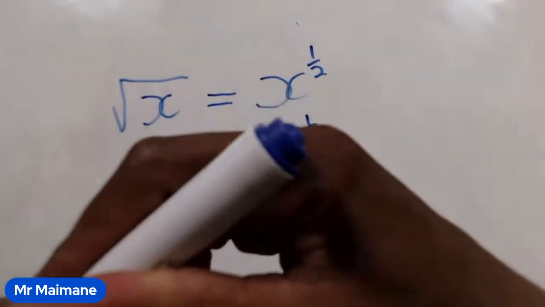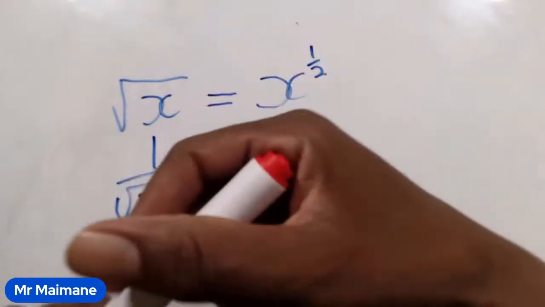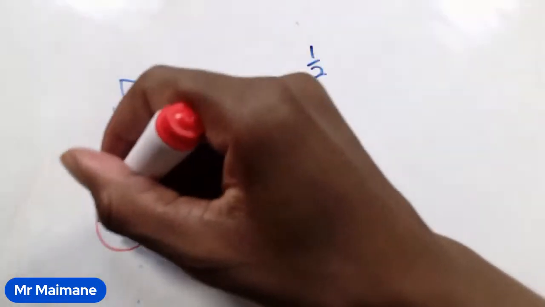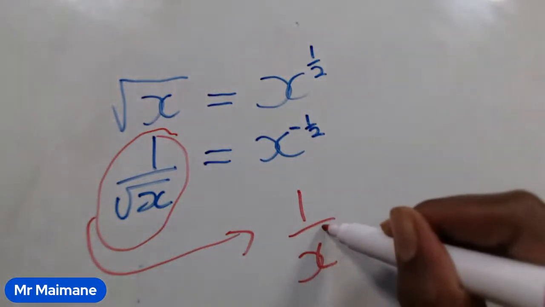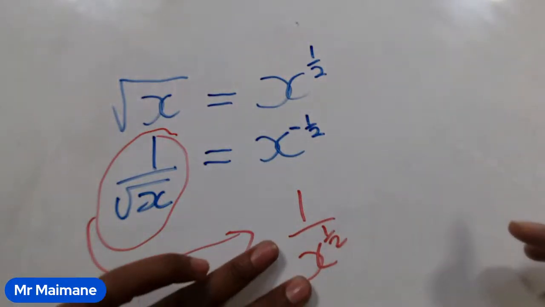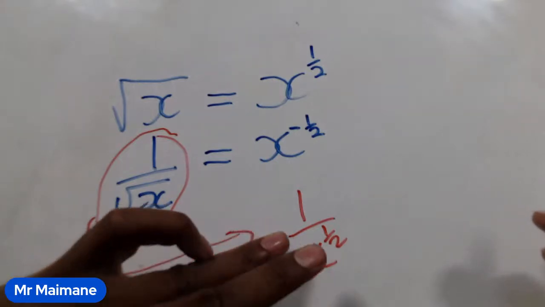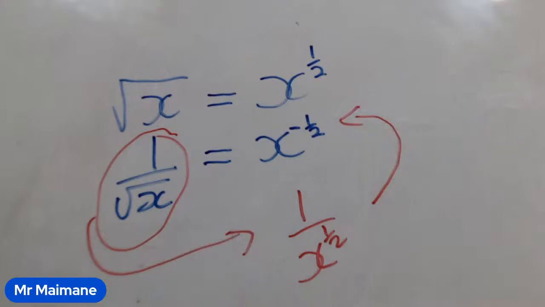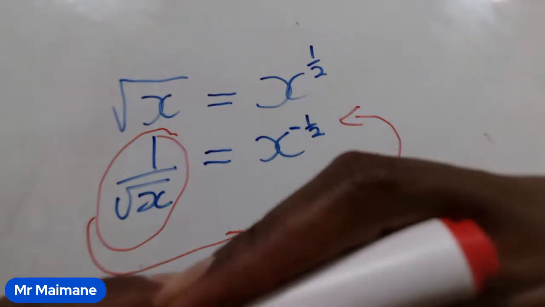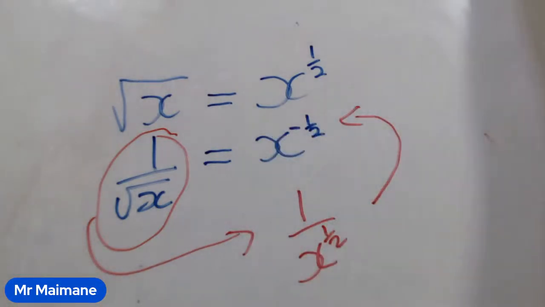Why so? Because we know that this here is the same as 1 over x to the positive 1 over 2. But now, if I want to remove the fraction and put it properly, that's when it's going to become this. You see, so everything makes sense like that. That's how it makes sense if you follow the rules.